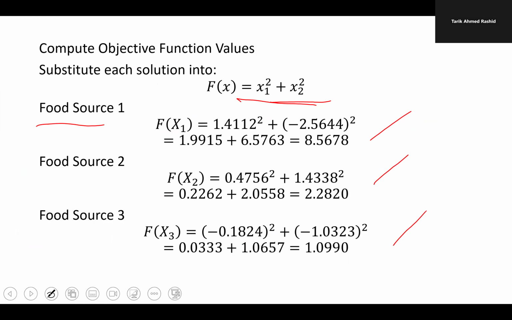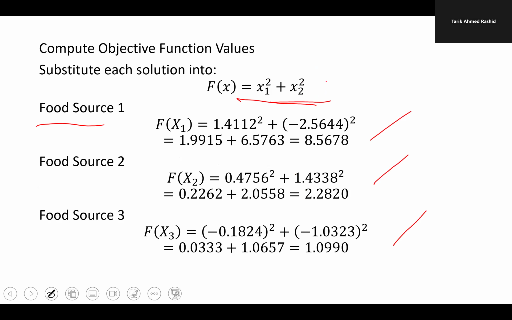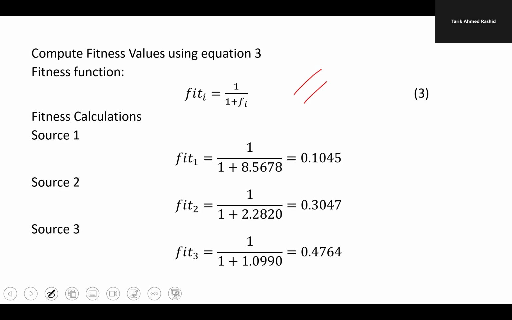So that's the result. Now, using equation 3, that is the fitness, we will plug this f_i into here. So fit_i equals 1 over 1 plus f_i.